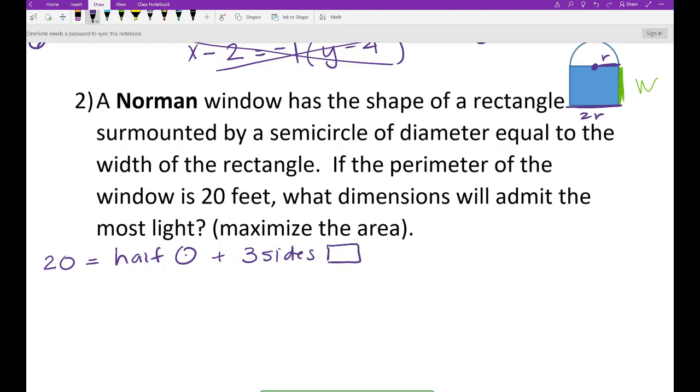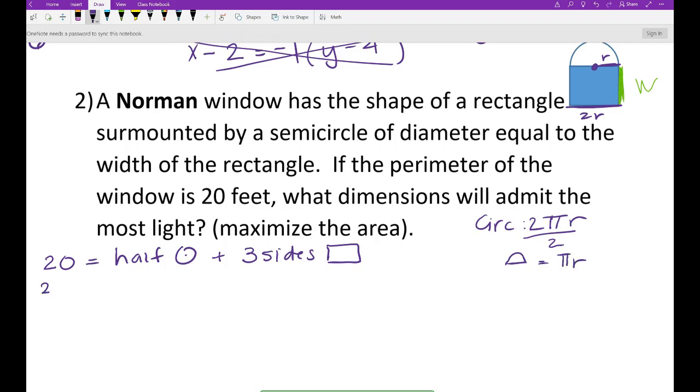Okay. So let's talk about the half circle. What's the formula of the circumference of a circle normally? 2 pi r, right? But I only have half, so can I divide it by 2? So half a circle is now just simply pi r.